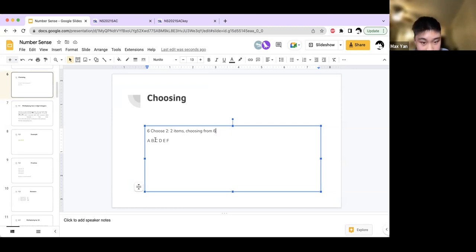Okay, so you have 6 people. Do you know what factorial is? AKA 5 factorial. Do y'all know what that is?